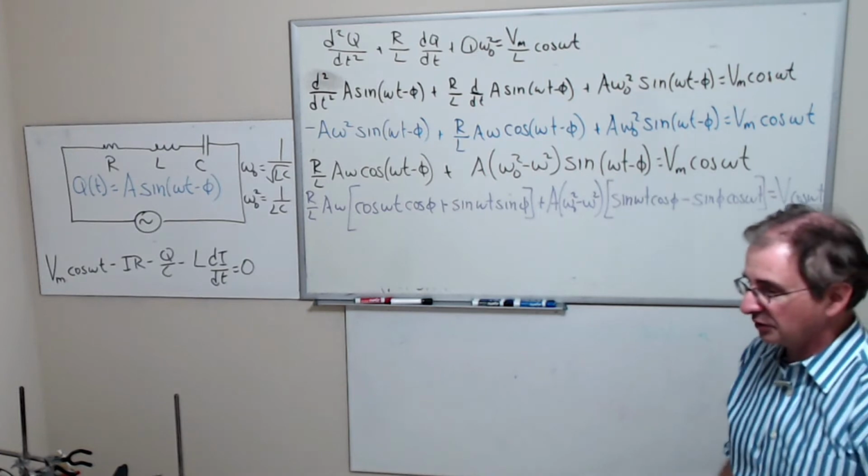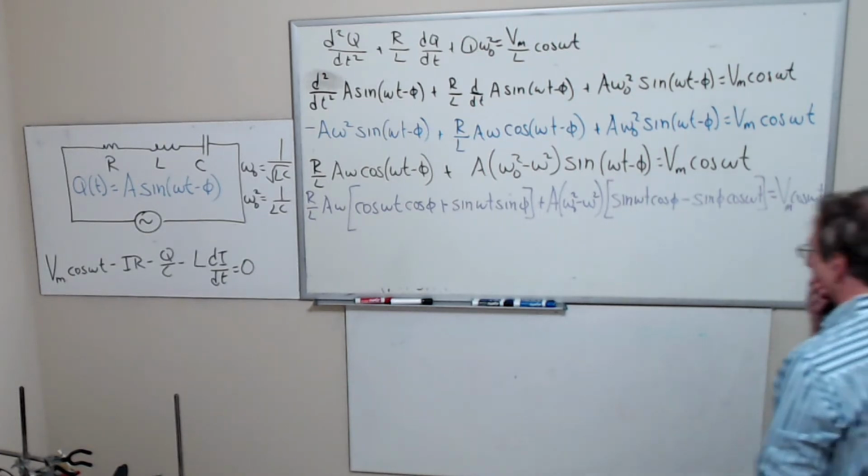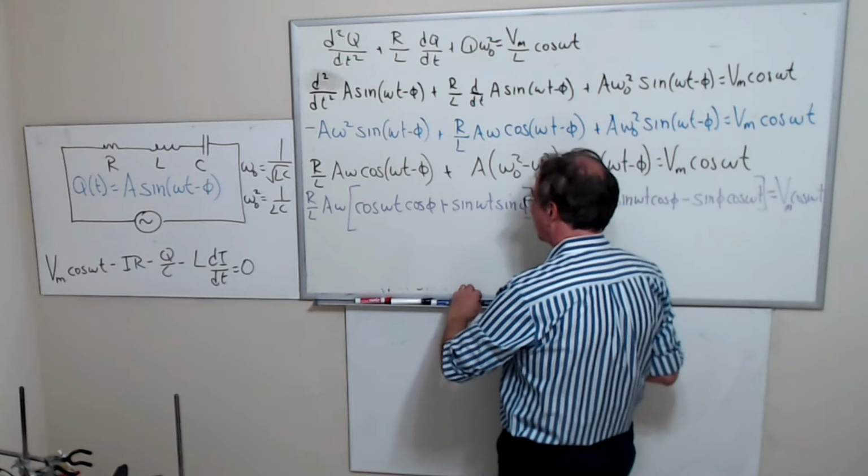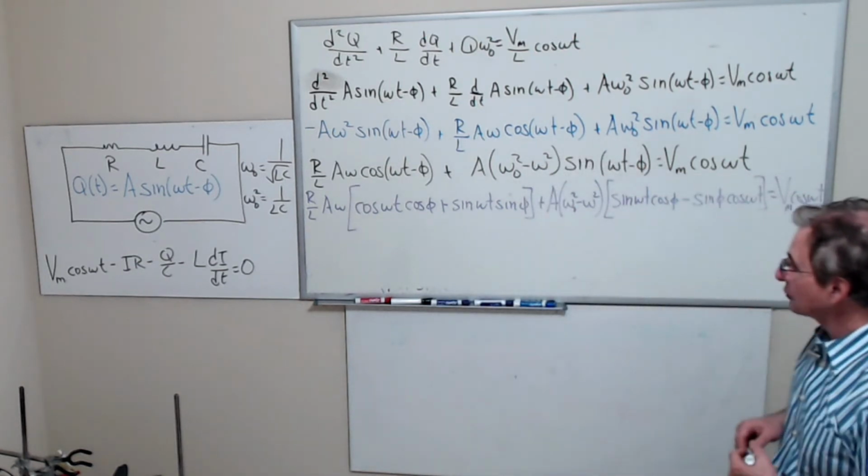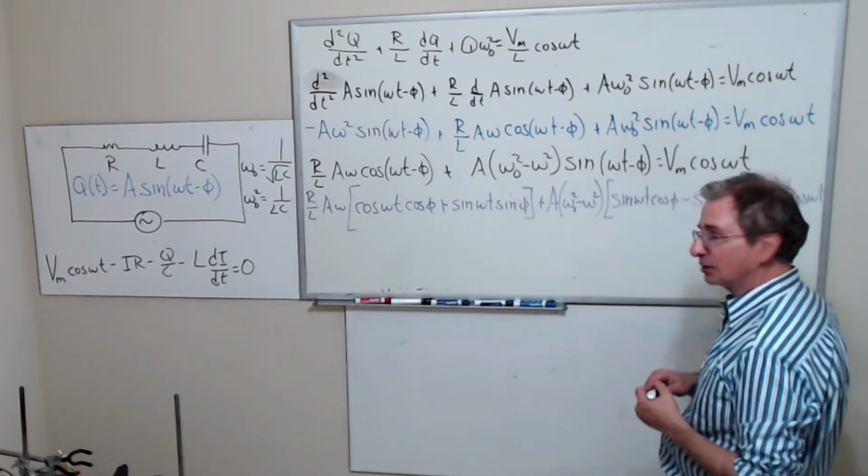Okay, so now it looks worse. The next thing I'm going to do is collect all the terms of cosine omega t and all the terms of sine omega t.